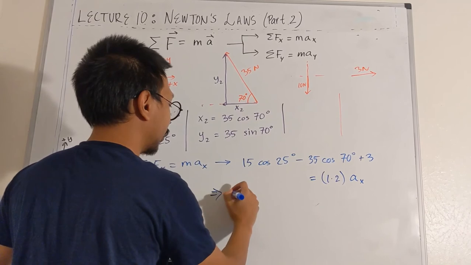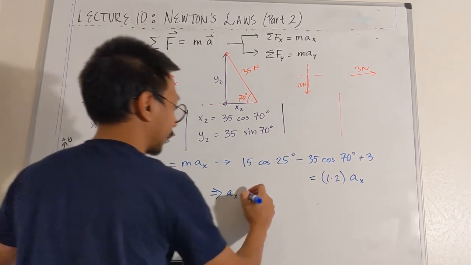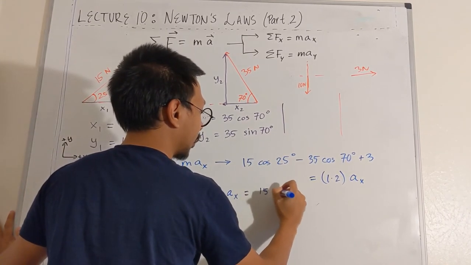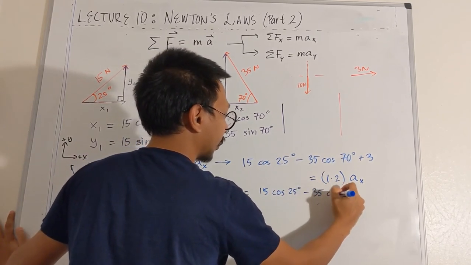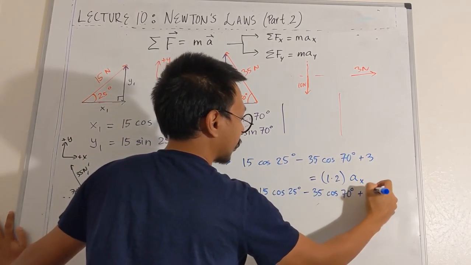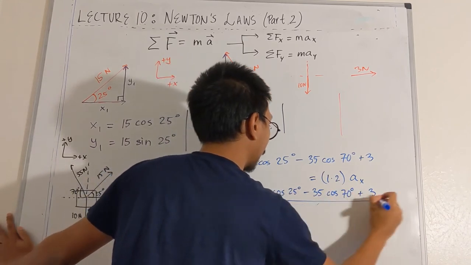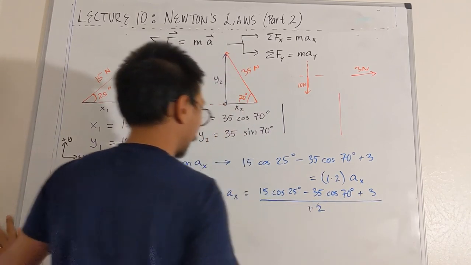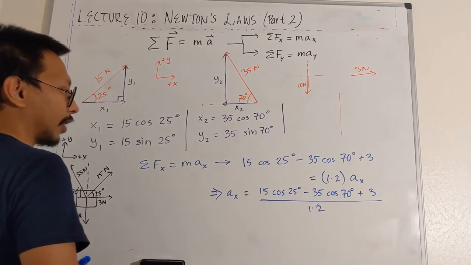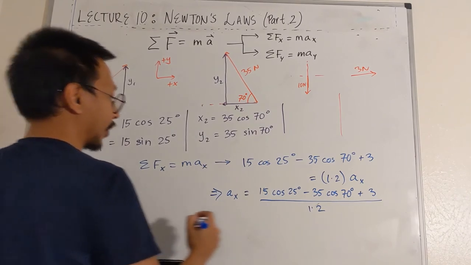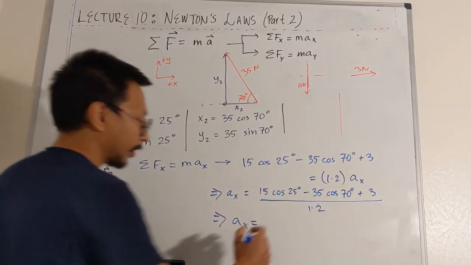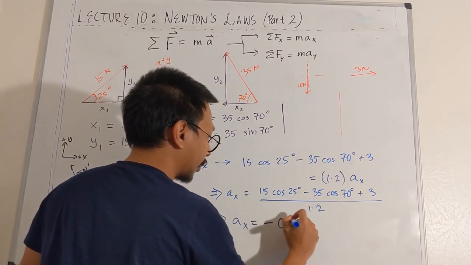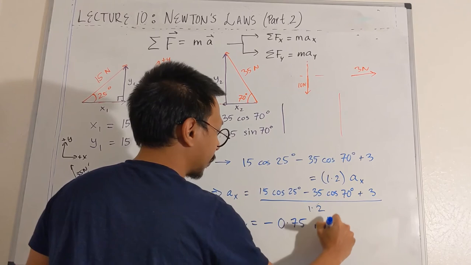So we can actually calculate this acceleration. 15 cosine 25 minus 35 cosine 70 plus 3. Then we divide both sides by 1.2, which gives me the acceleration in the x direction.